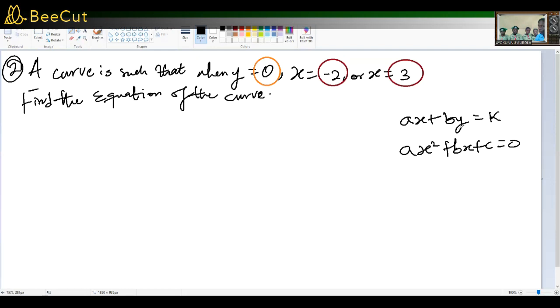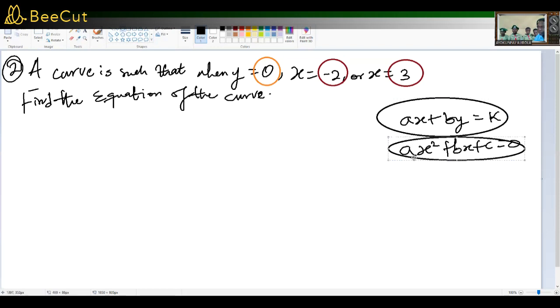There is no x squared in this one. Can you differentiate between this equation and this equation? Okay, one has square and the other one did not have square. That's the main difference.